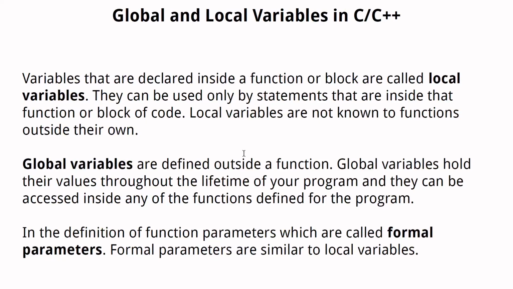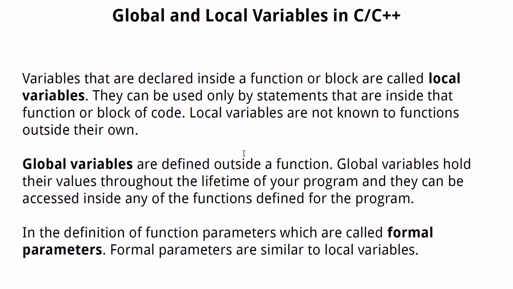So let's first look at the global and local variables. Variables that are declared inside a function or block are called local variables in C. They can be used only by statements that are inside that function or block. Local variables are not known to functions outside their own. That's a C definition.